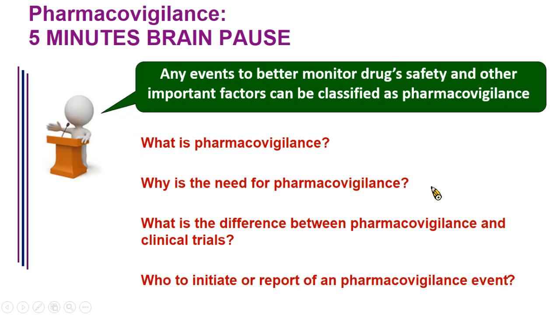And who is best to initiate or report a pharmacovigilance event? So, in a short summary, I would say pharmacovigilance is any event to better monitor not only drug safety, but also other important factors that can be classified as pharmacovigilance. So what are your thoughts? Let's have a brain pause for 5 minutes. You can pause here.